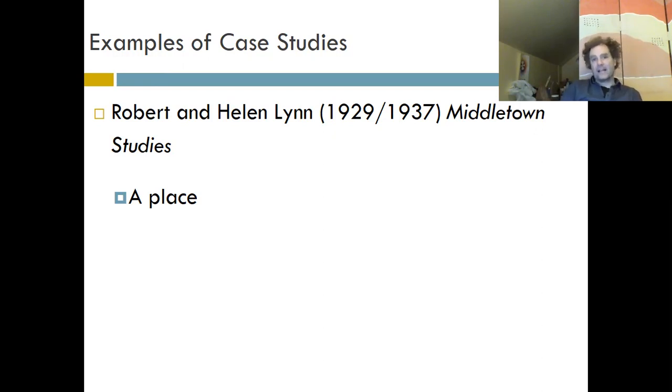What we have as an example of this is the Middletown studies. These are actually quite a famous case study within sociology. It was done by a husband and wife team, Robert and Helen Lynd. What they did was an in-depth study of an anonymous town that they named Middletown, right? They named it Middletown to express this idea that it was typical, right?